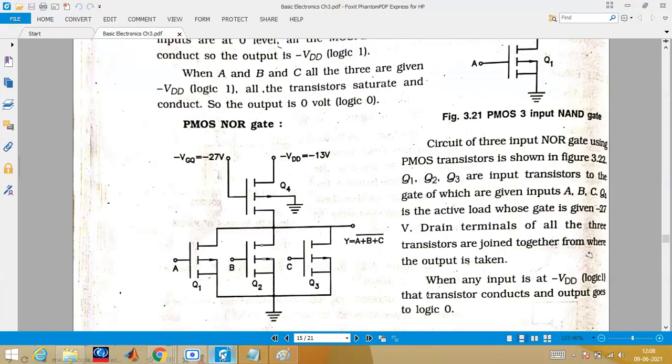I think you know the truth table, so let me quickly go to here. 0 means ground, this is ground, this is ground.